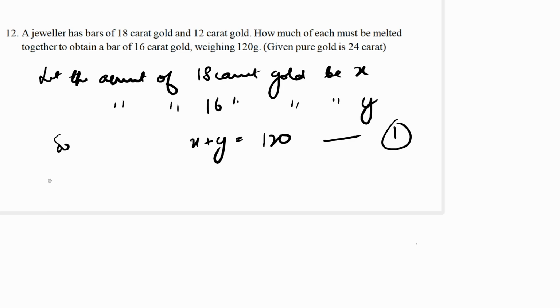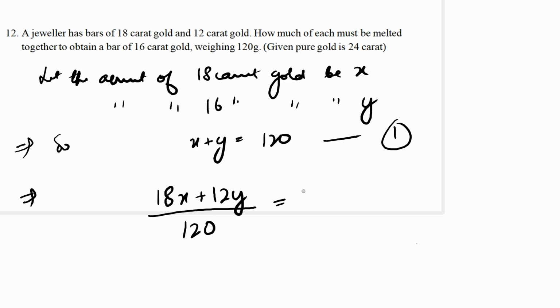Now if we write in carats, to obtain 16 karat gold, this is condition 2: 18 into x plus 12 into y, and our total was 120 gram. And the purity is 16.